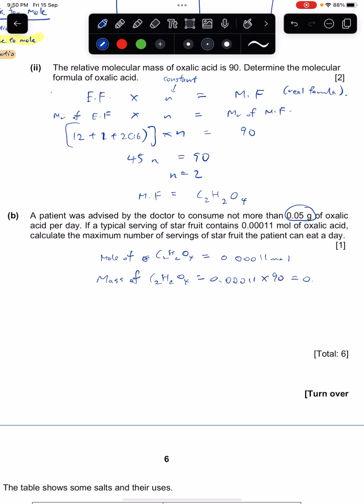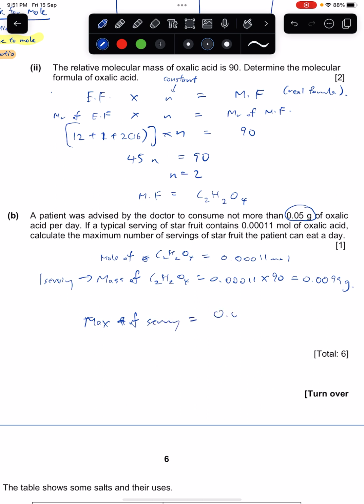You get 0.0099 gram. Okay, so I cannot consume more than 0.05 gram. But apparently one serving is this much. So how many servings? Divide.